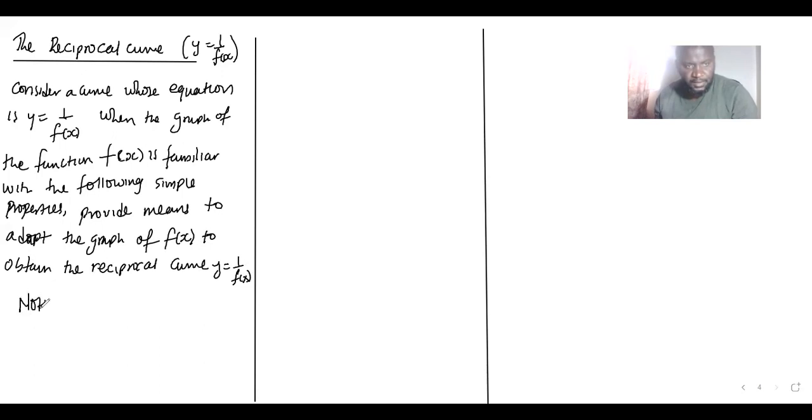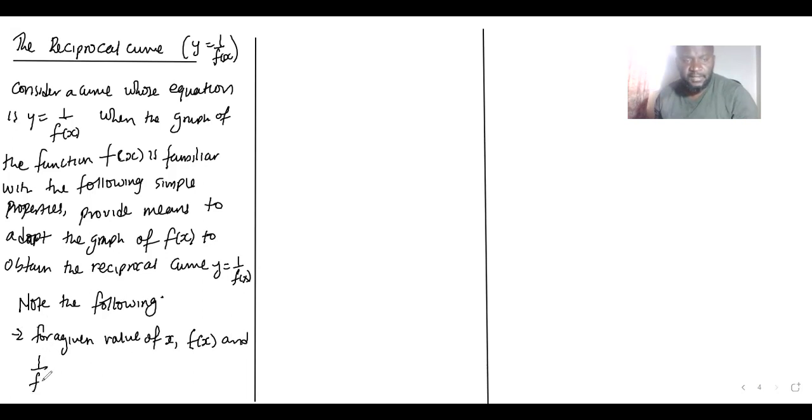So note the following. First and foremost, for a given value of x, f of x and 1 over f of x have the same sign.